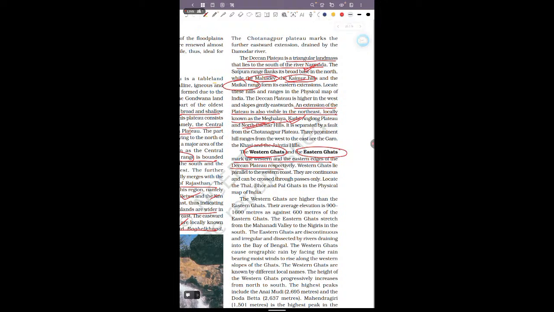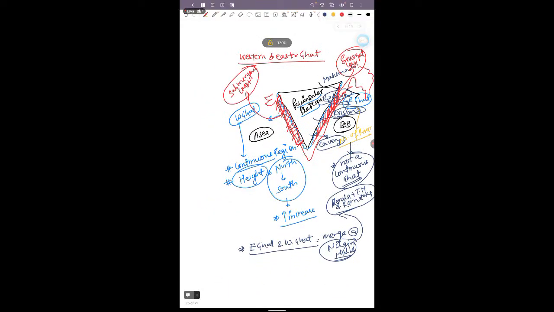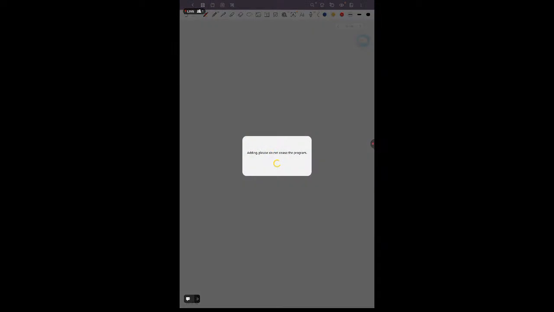So here are the two words, Western Ghat and Eastern Ghat, and if we talk about the uses and benefits of the Western Ghat, they help in the amount of precipitation.